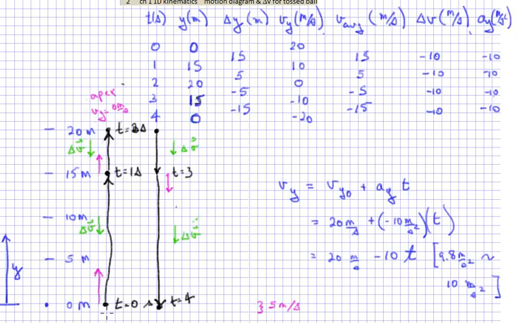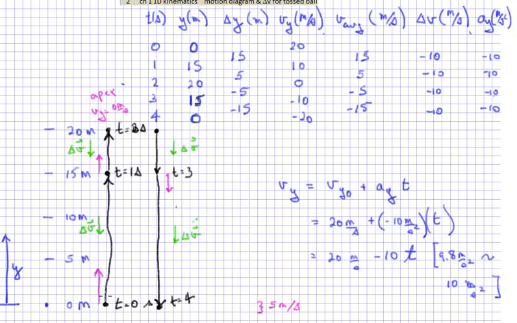You can see that there is a symmetry in the position. I go from 0 to 15 to 20, and then from 20 to 15 to 0. I have one sequence, and then the reverse of that sequence is what I get coming backwards.